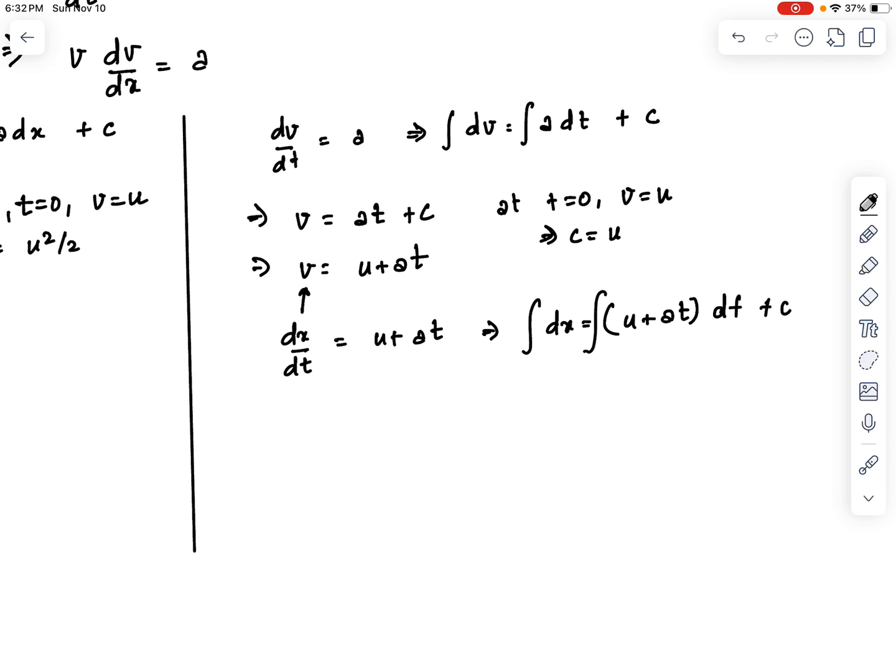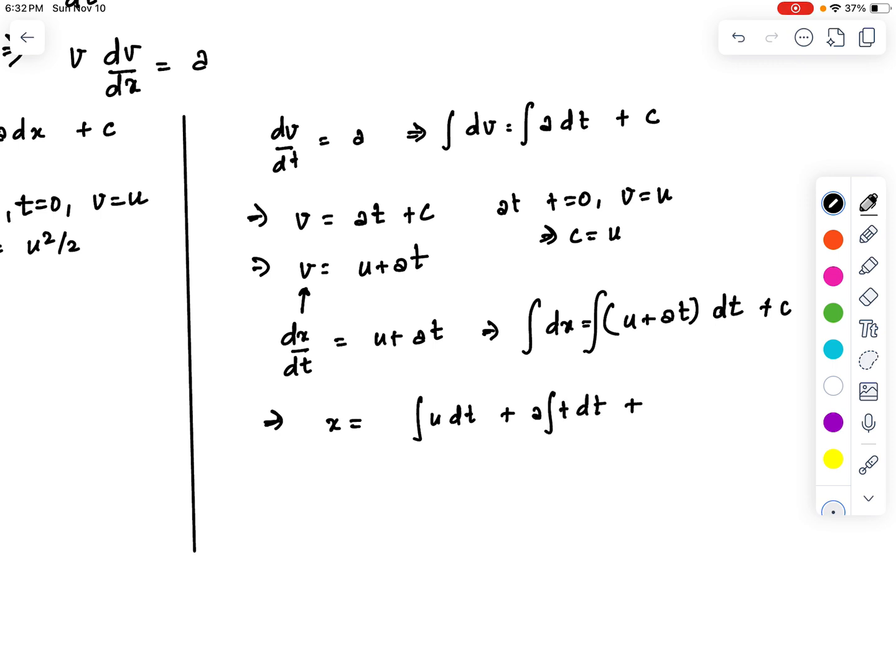So therefore x equals the integral of u dt plus a times t dt plus c, which equals ut plus half at square plus constant.